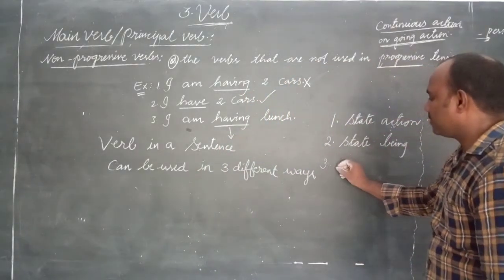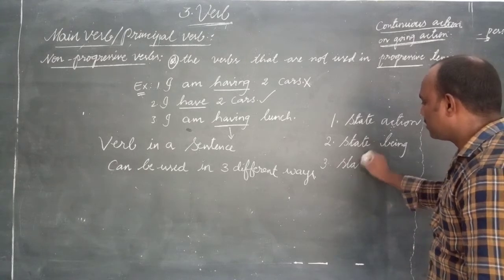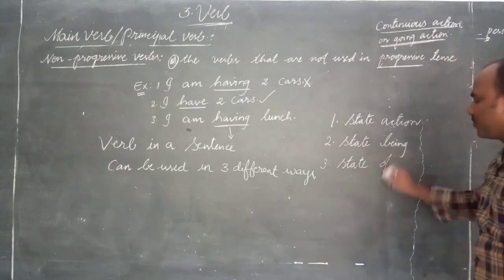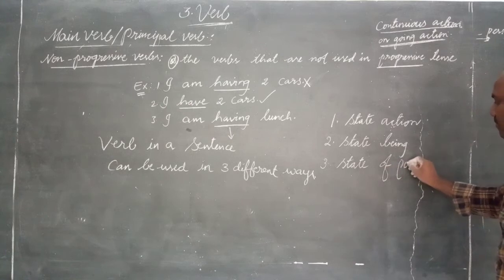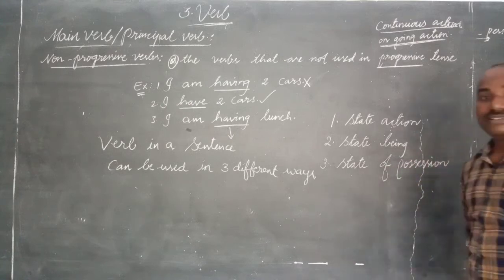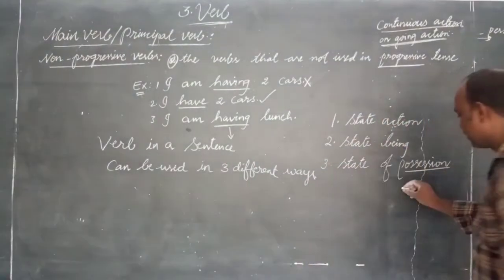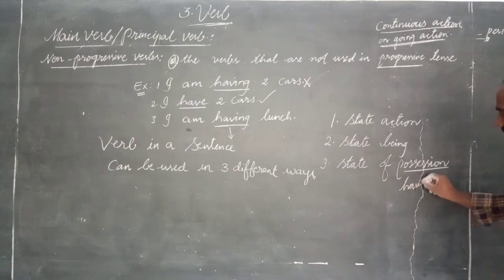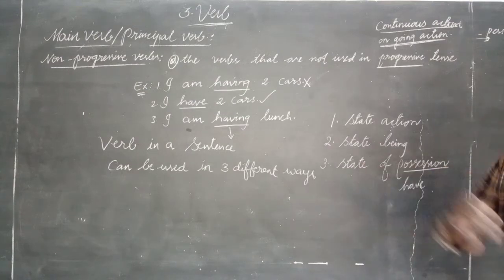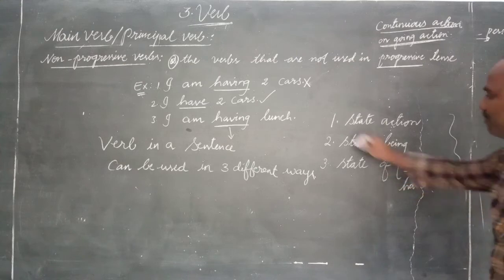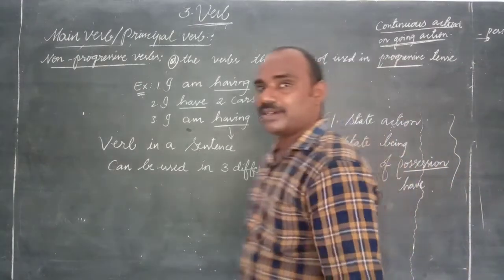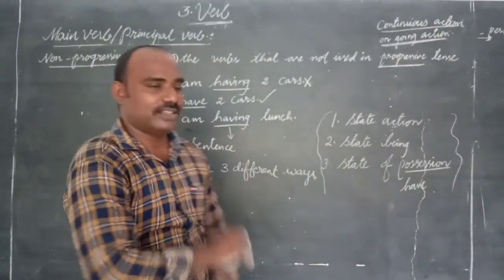The third one is state of possession. Possession means having something or someone. So these are the three main ways a verb can be used in a sentence. There is no other way.